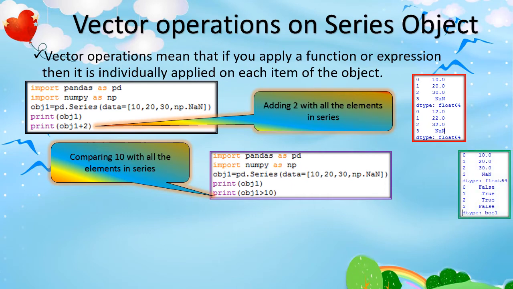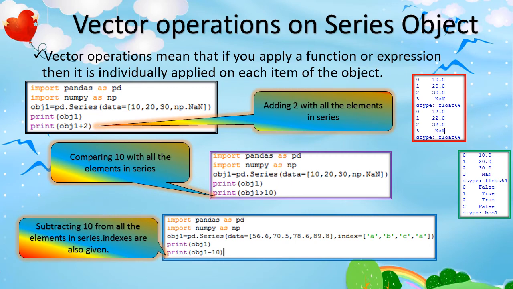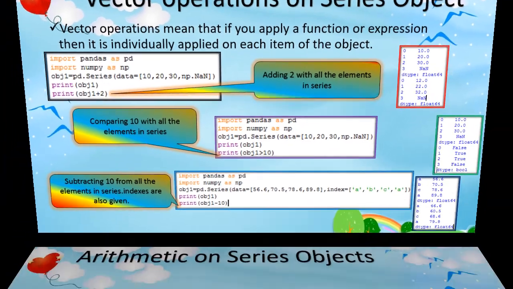It returns either true or false because it's a conditional operation, so it returns a boolean value. And the next one just subtracts 10 from the object's values. See the output, all values are subtracted by 10.